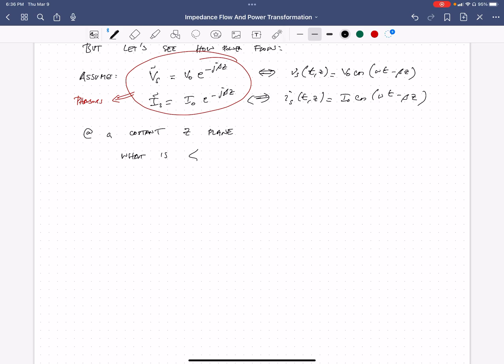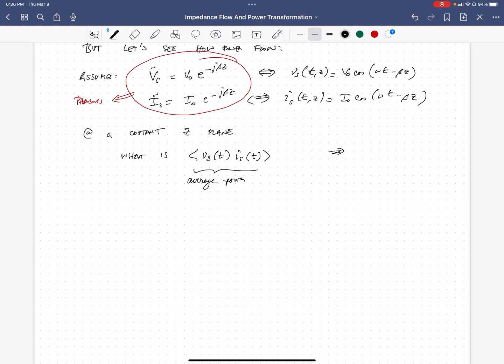By definition, the average power is the bracket of Vs(t,z) times Is(t,z).